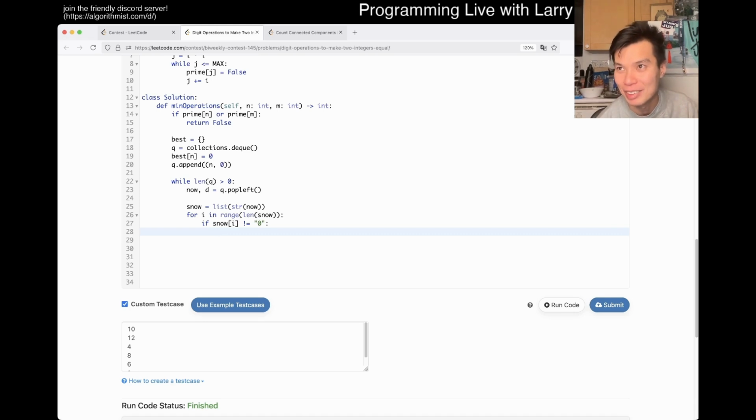But still, why am I so bad at this? I guess I can actually just go directly, right? So it's going to be power of 10 to the I. No, because it's in the other direction. This is so annoying.